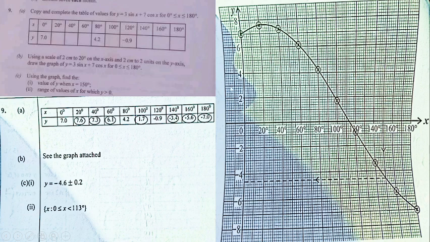We can now start plotting, and we should know what one broken line will represent on the x-axis and on the y-axis. One broken line on the x-axis will be 2, because 2 centimeters represent 20 degrees, so 20 divided by 10 lines gives us 2.